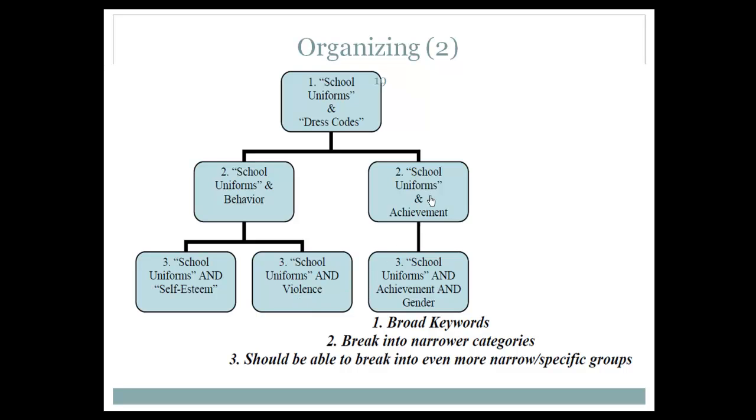Then under my other second-level category regarding achievement, maybe I find some important research looking at gender differences, or differences in achievement based on who's being studied or how uniforms are implemented for boys and girls. So this is just a different way to look at it. You don't have to do this either. I'm just trying to give you some examples of ways that you could start organizing your material.